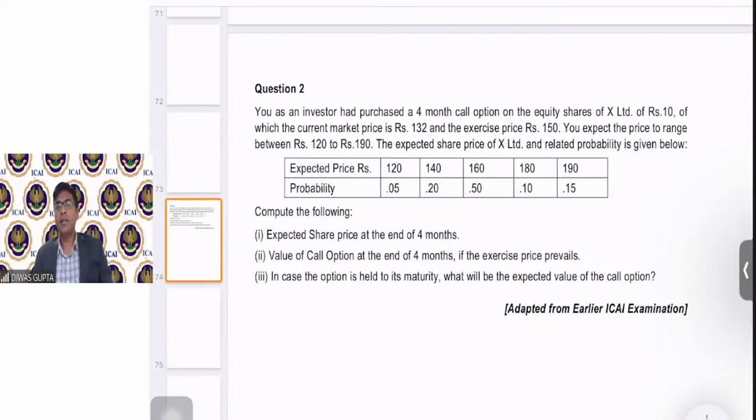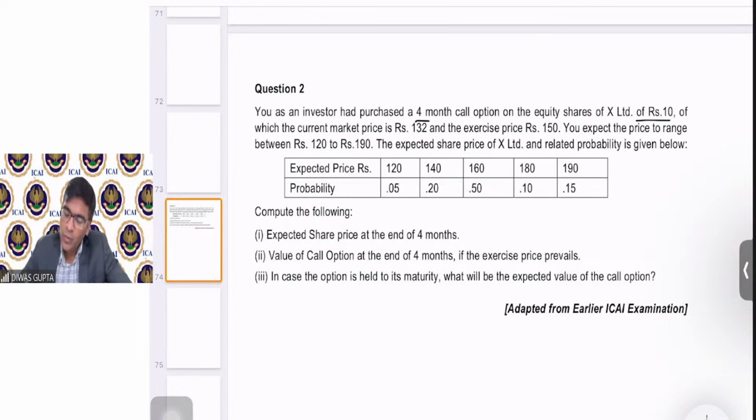Okay, students. Question number two, because it's from the second assignment that has been uploaded. The question number one we have done from the second assignment, then another question number two from the second assignment. You as an investor had purchased a 4-month call option on the equity shares of X Limited of rupees 10.